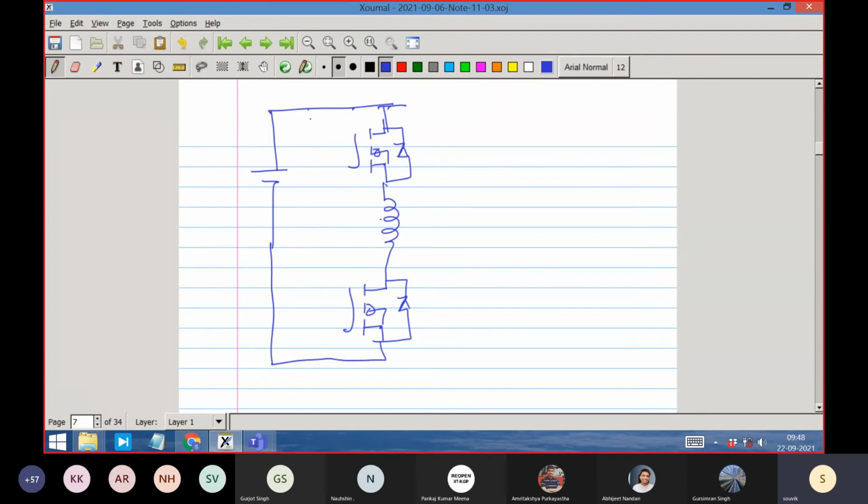Half bridge always means this, creating a middle point by capacitor division. That is the meaning of the half.